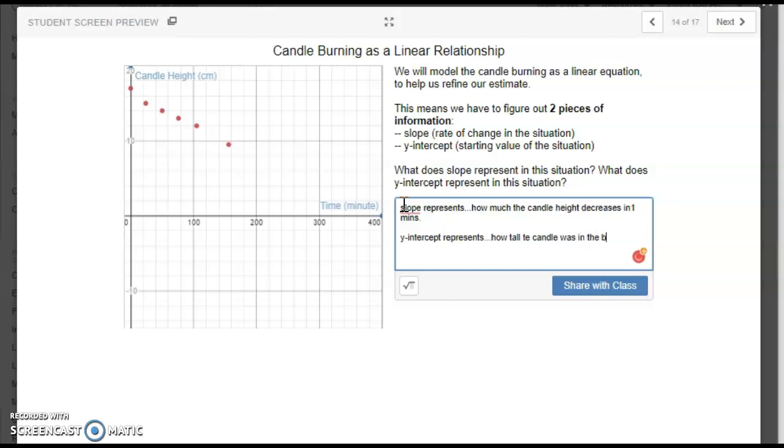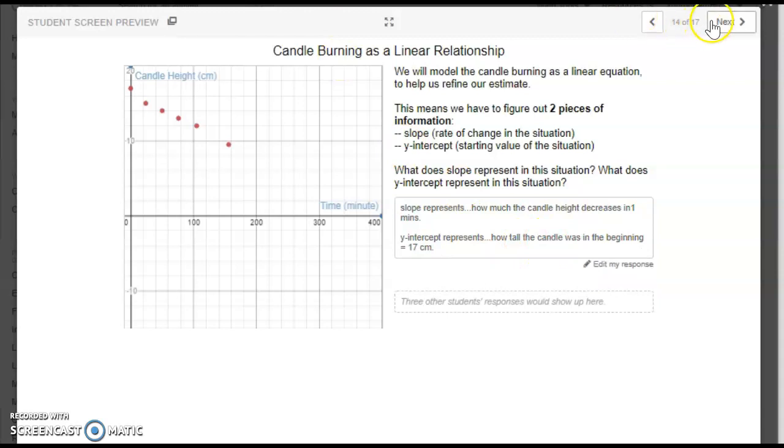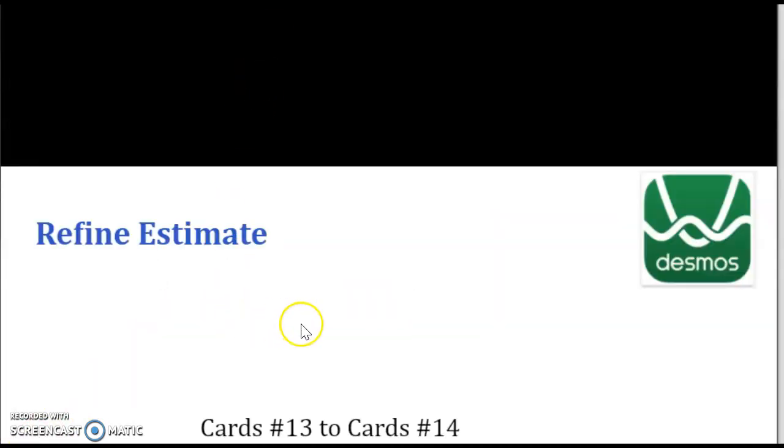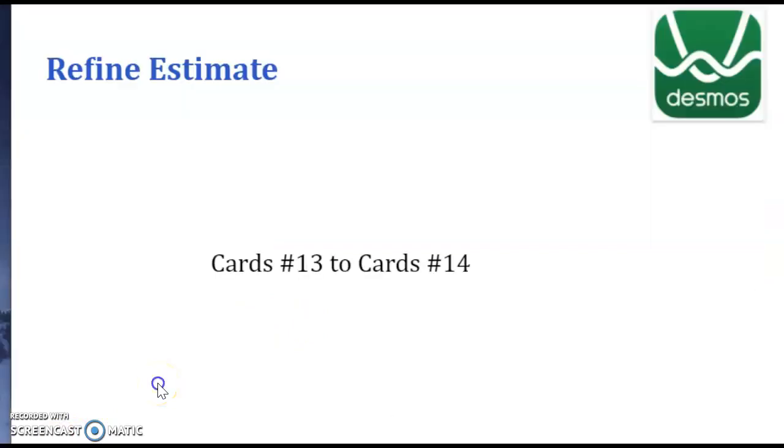In the beginning, which was 17 centimeters. Okay, so that was card 13 and 14.